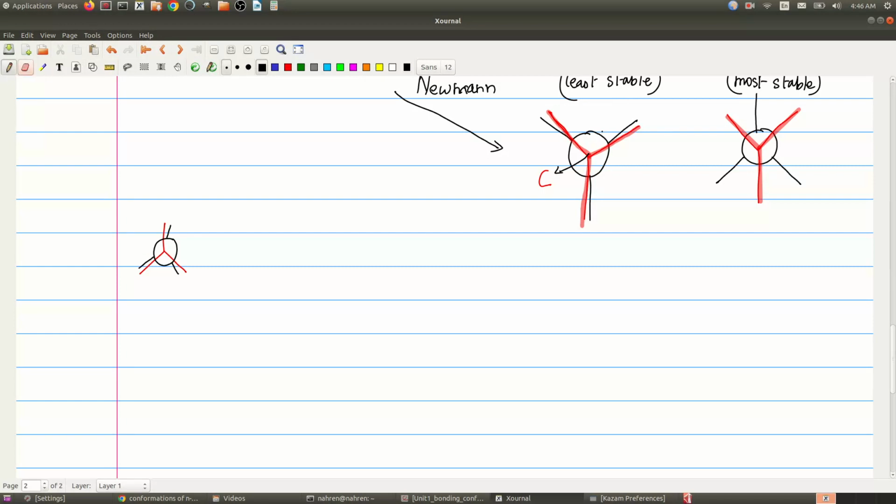Let me label the hydrogens H1, H2, H3, H4, H5, H6. Now the torsion angle between H1, C1, C2, and H4 is equal to 0 degrees.